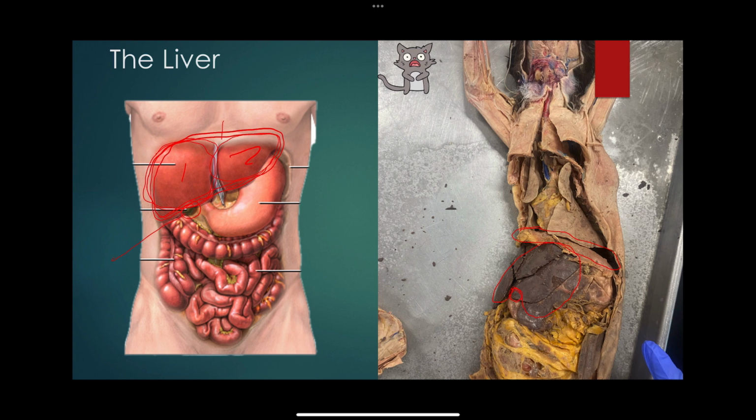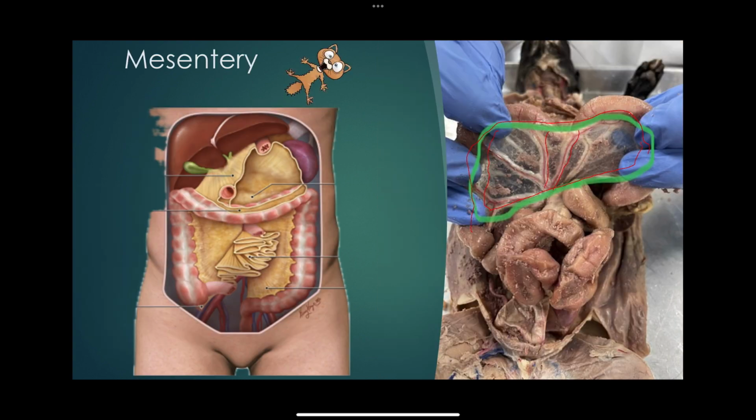The mesentery also has a lot of blood vessels right here, lymphatic vessels that supply the small intestines with nutrients and blood supply.